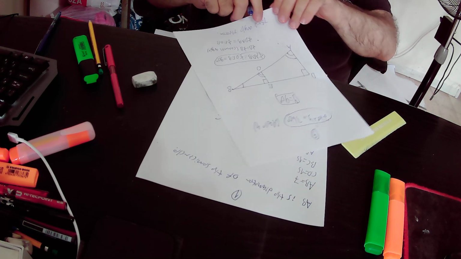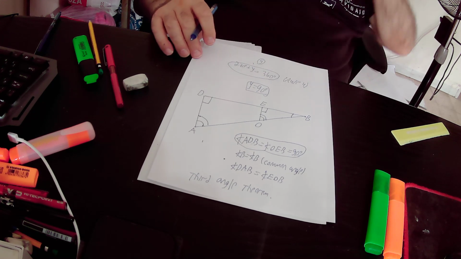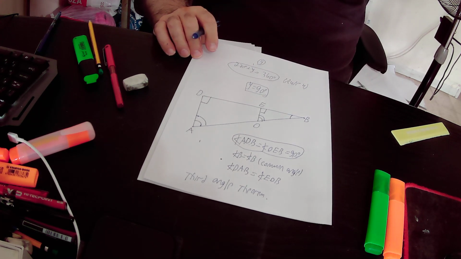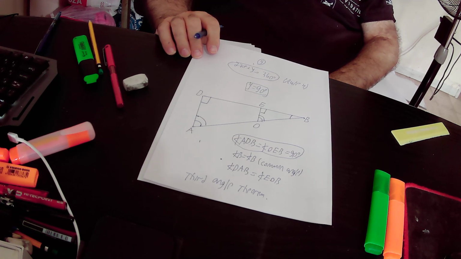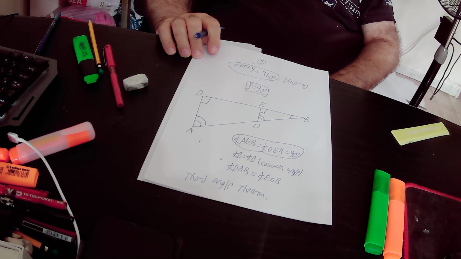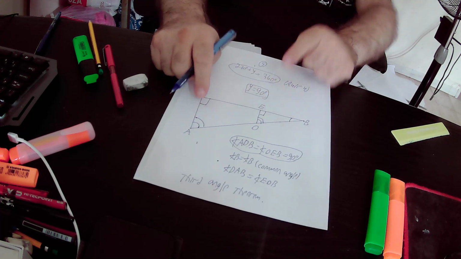Actually, the third angle theorem states that if you have a triangle that has two angles that are congruent to two angles of another triangle, then the third pair of angles must also be congruent. Okay, so those two angles are equal to each other according to the third angle theorem.